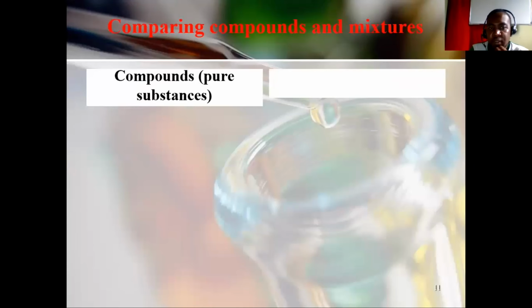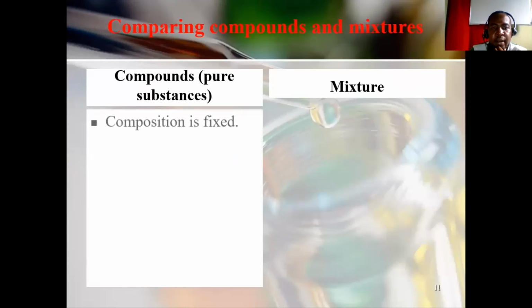All right, so compounds are pure substances, right? Their composition is fixed. Composition fixed means that, let's look at NaCl, right? It's just one Na that you need with one Cl to always make NaCl. So there is no deviation of that.